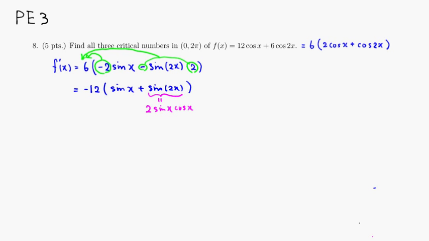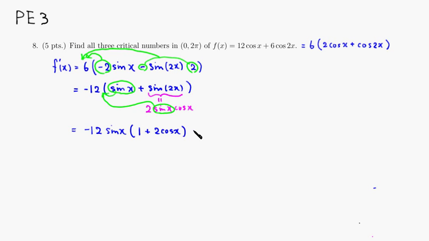This way I can factor out sine of x in the first term and also in the second term, and again I'm going to pull those out. So negative 12 is already there, and the sine of x is now pulled out. So what's left is 1 plus 2 cosine of x.